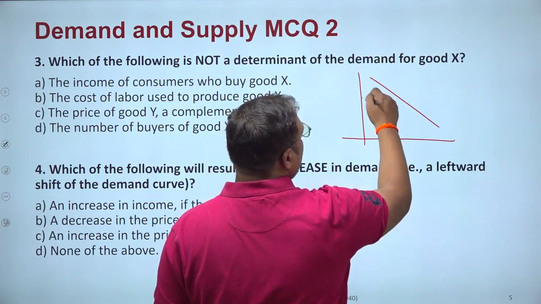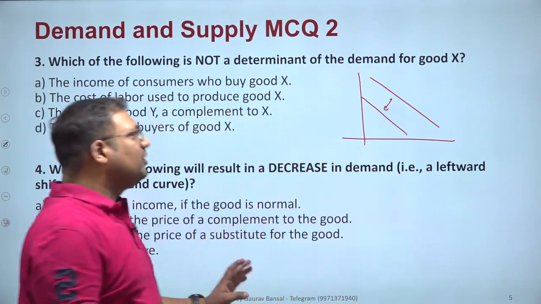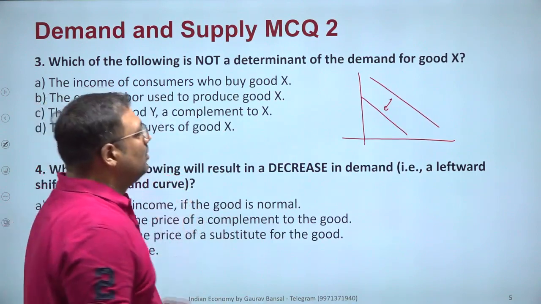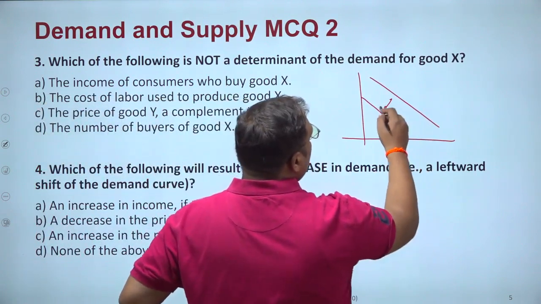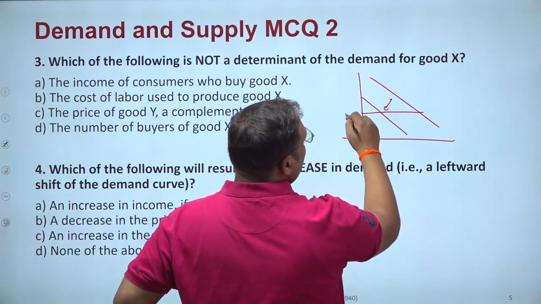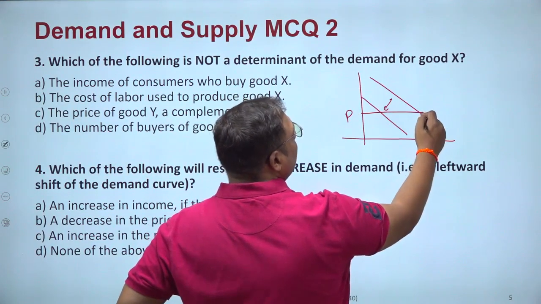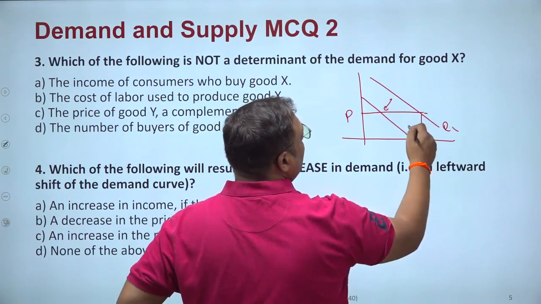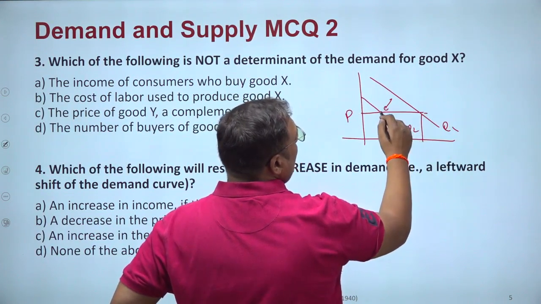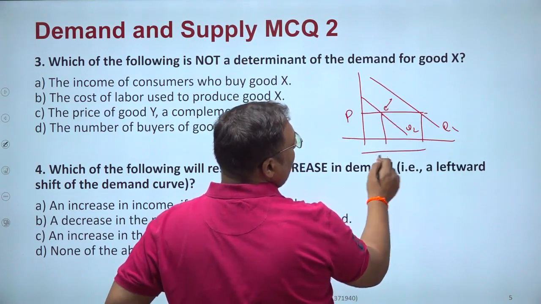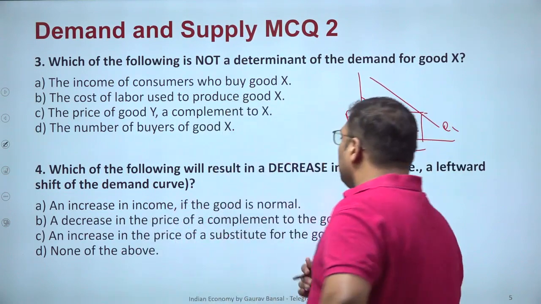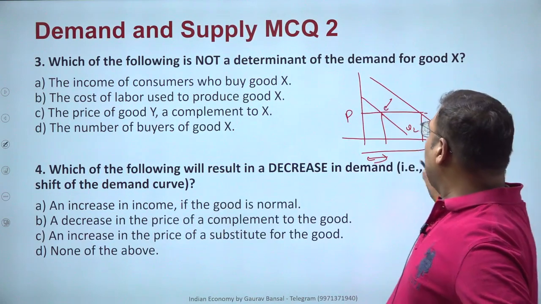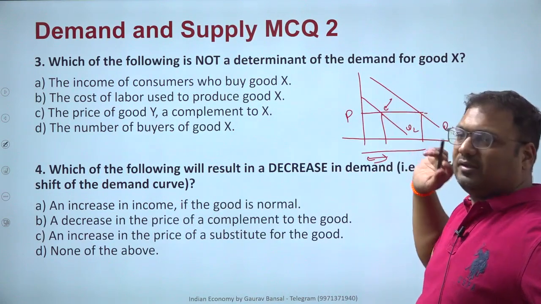Leftward shift is this. Okay, this question is tough, but let us attempt. So means at the same price, let us say this is the price on the original curve. This was curve 1, this is curve 2. On the original curve demand was more, in the new curve demand is less. So this is what we are talking about. So a leftward shift will look like this.